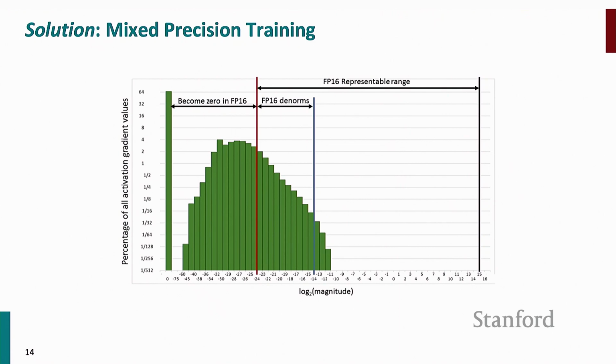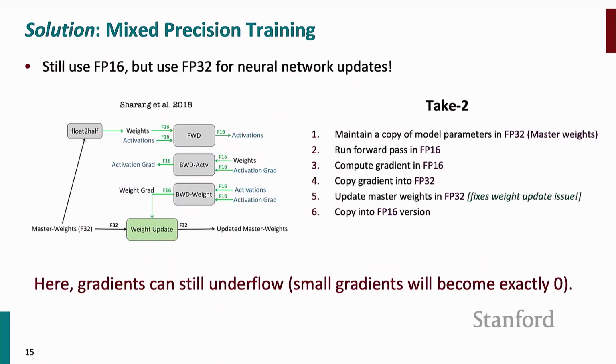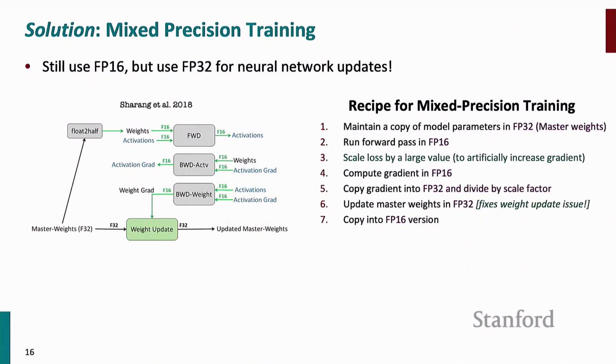Okay, so here's a possible solution. You get your batch of data, you compute a forward pass in FP16, you get your loss, and you scale the loss by some large value, okay? Let's say 100, let's say 1,000. And then you compute gradients, so the gradients are scaled by a large number as well.